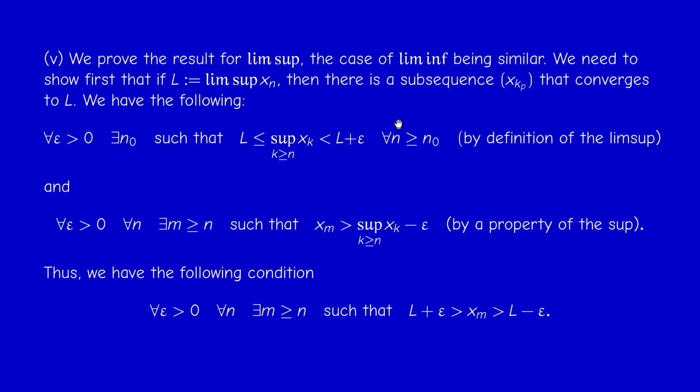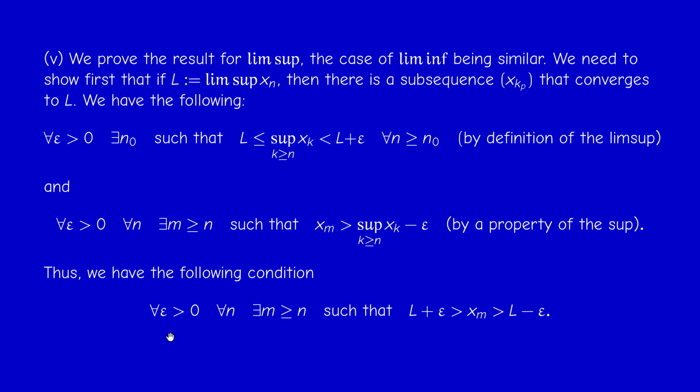If you combine both, now the sup of xk minus epsilon is bigger than L minus epsilon, right? And of course, xm is less than L plus epsilon.